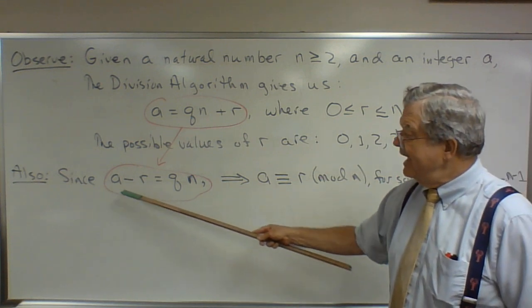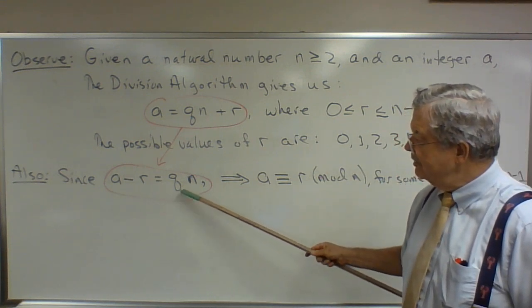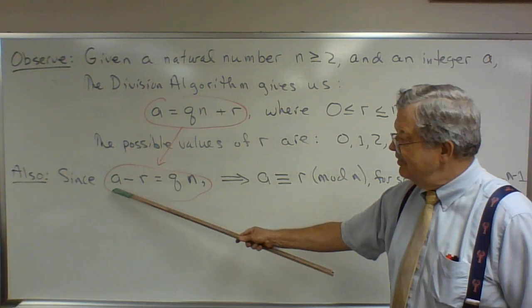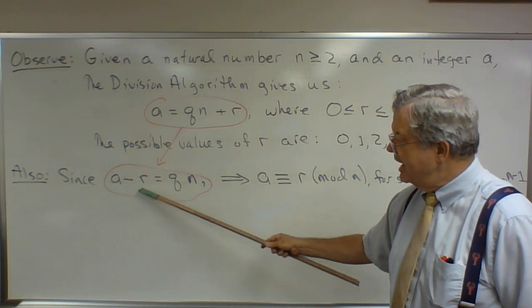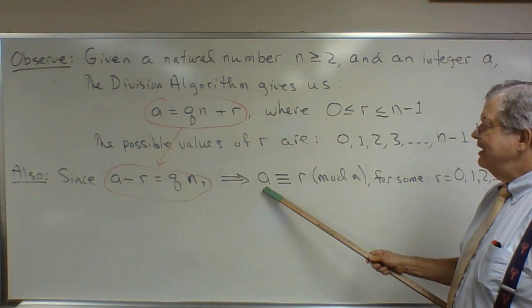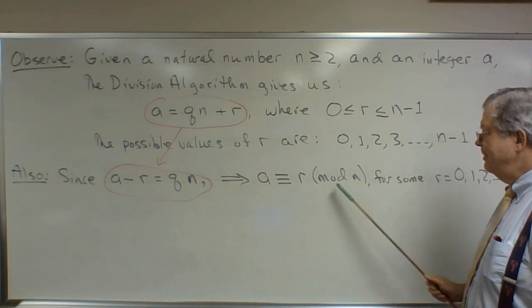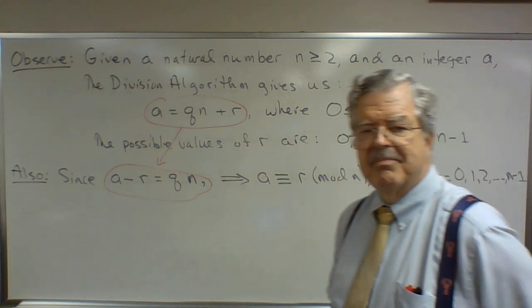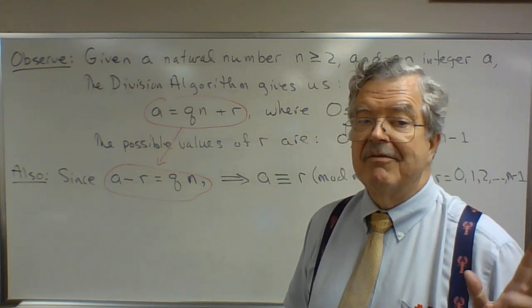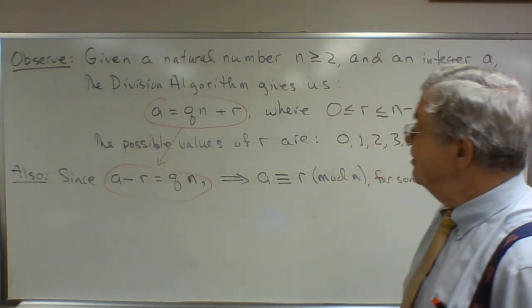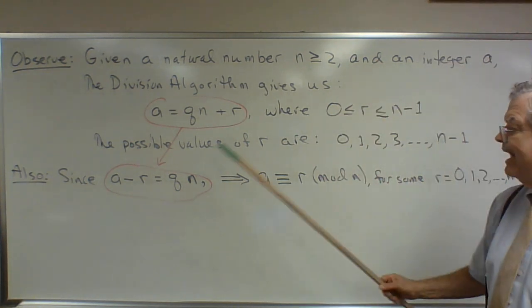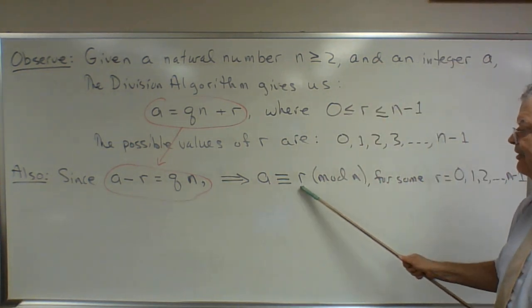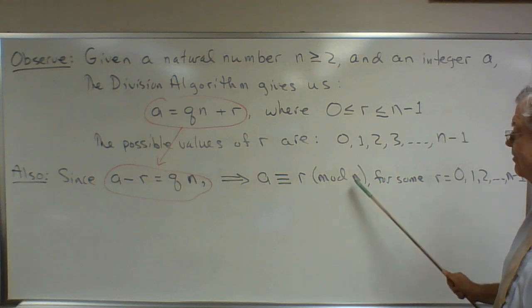The difference of a and the remainder is a whole number multiple of n. So that means these two things are congruent mod n. A is congruent to its remainder mod n. That's an important observation. Now, a can be congruent to a lot of other things mod n, but specifically, a is congruent to its remainder when divided by n, modulo n.